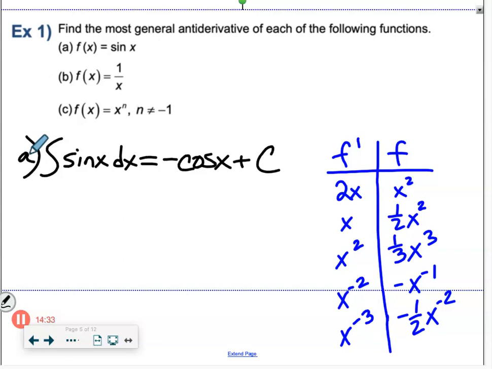So how do you know? Are there memory tricks? For me, whenever you're doing a derivative and the trig function starts with a c, the answer is negative. That's always been true. The derivative of a trig function that starts with a c is negative.